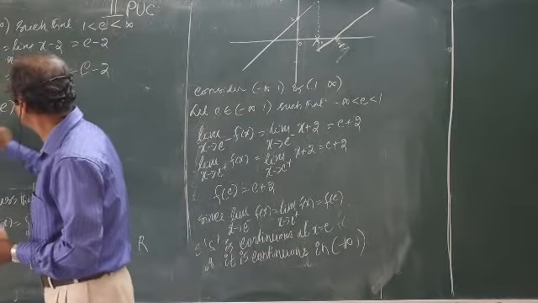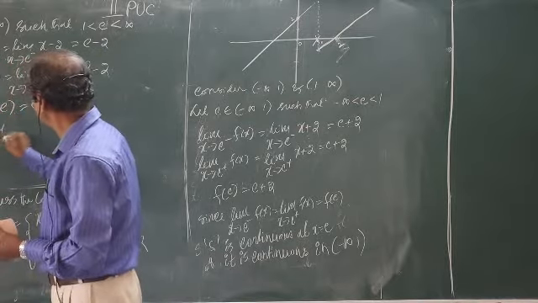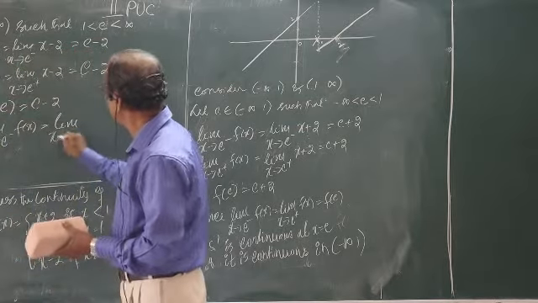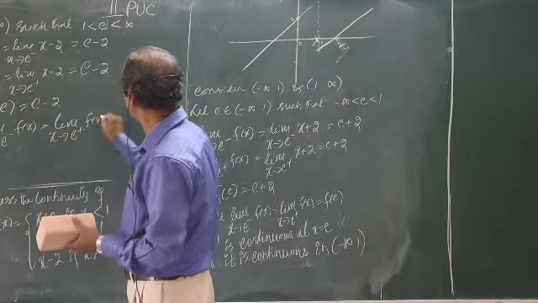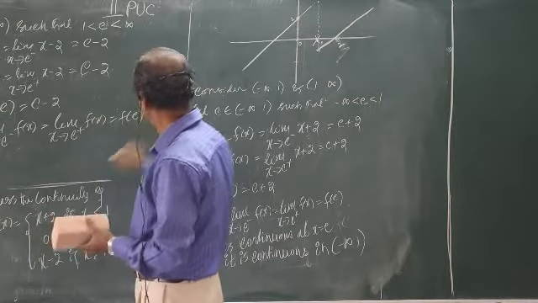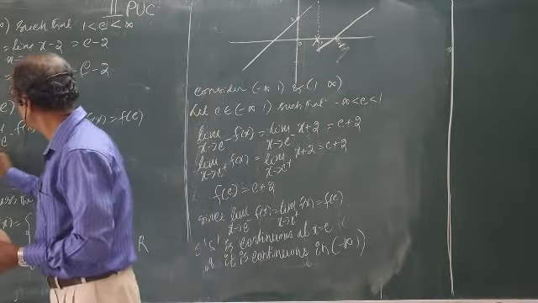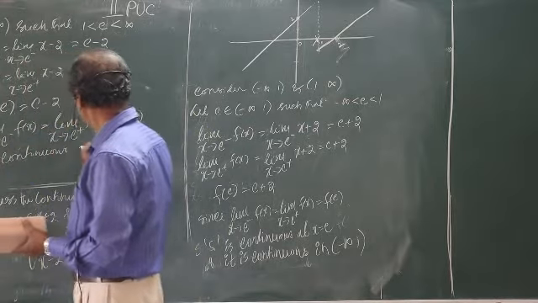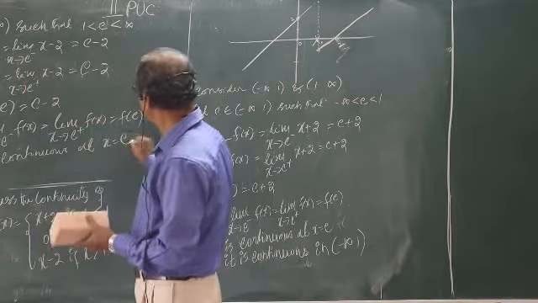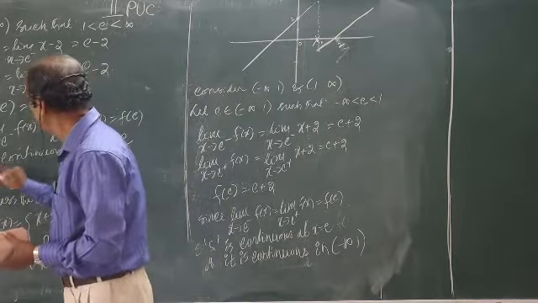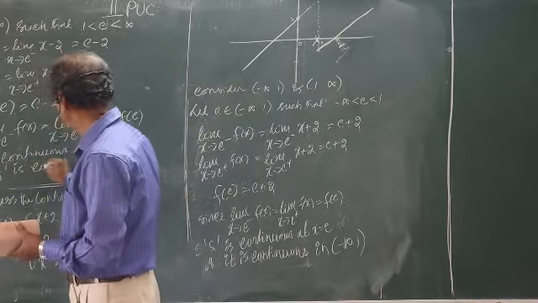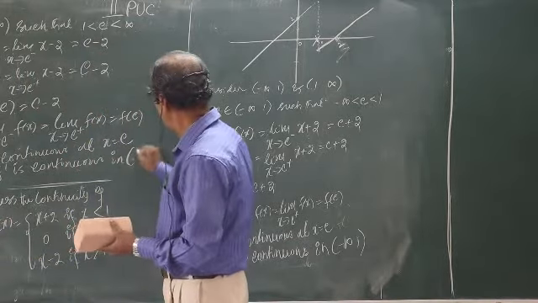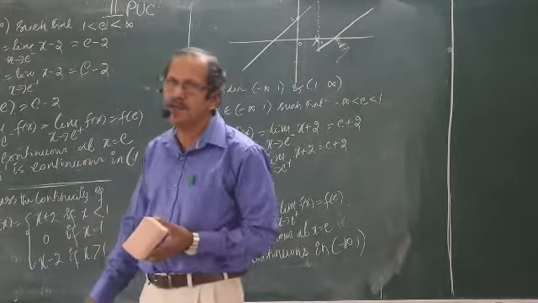Since limit x tending to C minus f of x, limit x tending to C plus f of x, and f of C are equal, f is continuous at x equal to C. Therefore, f is continuous in the entire interval 1 to infinity.